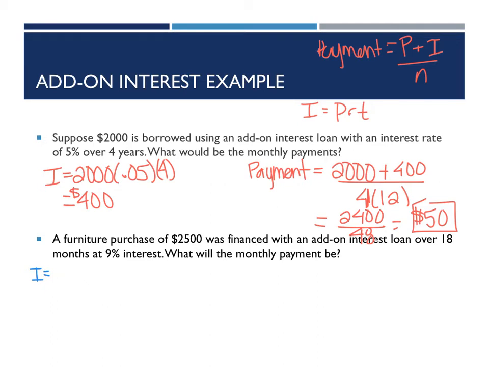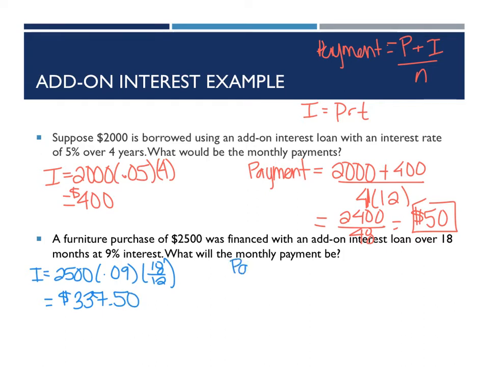So we're going to do principal of 2,500, rate of 9%, and our time here is 18 months. So remember that it has to be in terms of years, so I'm going to put 18 over 12. When you do this multiplication, then you will get $337.50.